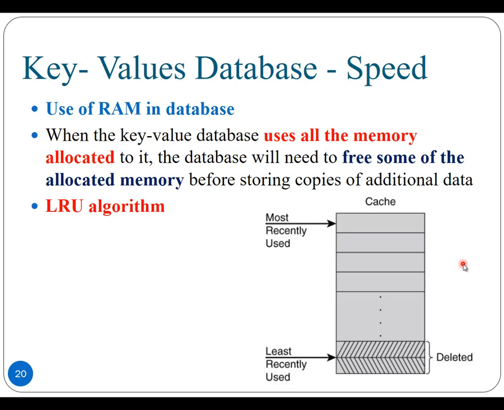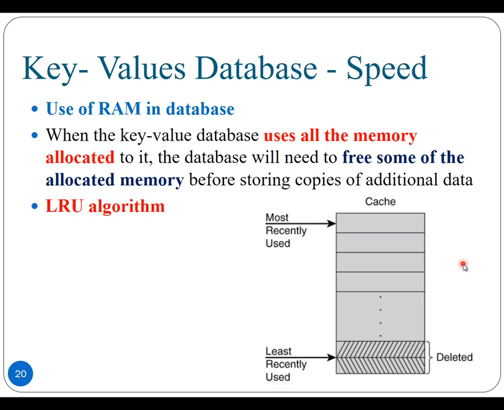So to continue our operations, we should free some of the memory so the database could use it. So this is a challenge we have for this method in using RAM for doing fast operations.